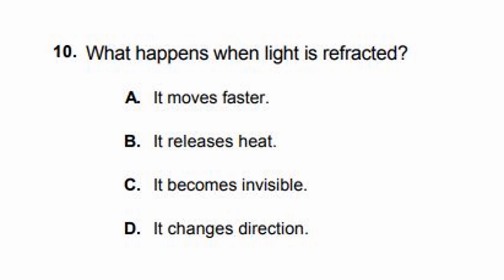10. What happens when light is refracted? So if you understand the definition of refraction, and you understand that refraction looks like this. A wave bends as it travels through a different medium. So A says it moves faster. So it won't be A because depending, it can move faster or slower depending upon the medium it travels through.